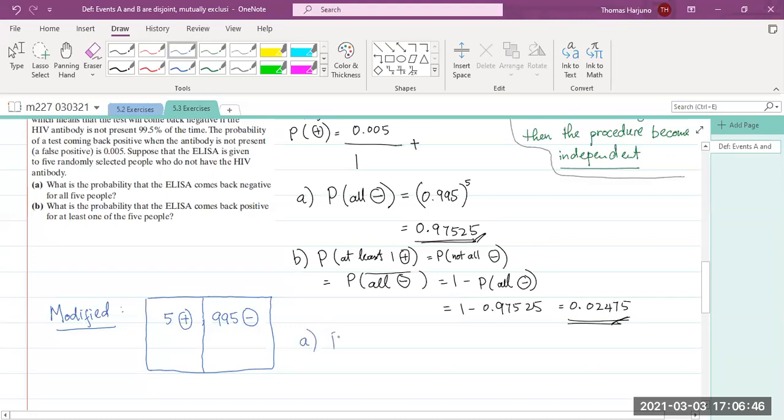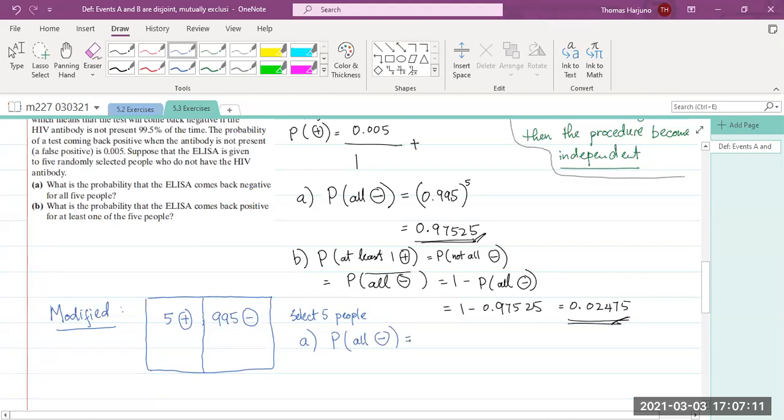What is the probability if we select 5? Not from that 1 million people or 100,000 people, right? This is a limited number of people, 1,000 people. What is the probability that all of them are negative? Now we select 5 different people, right?